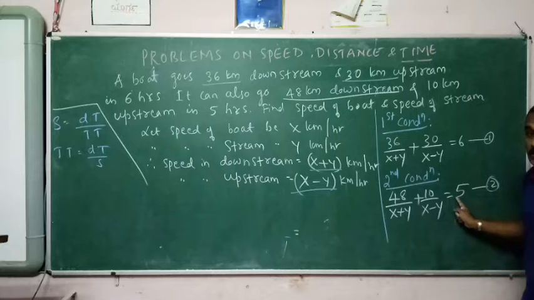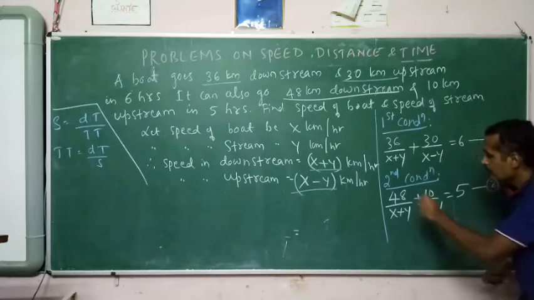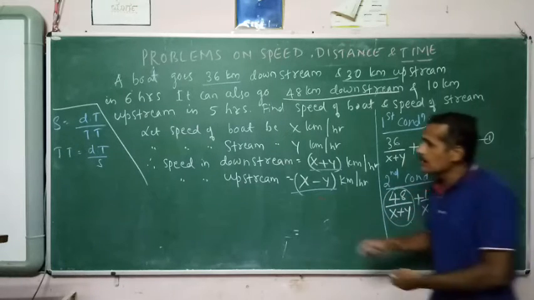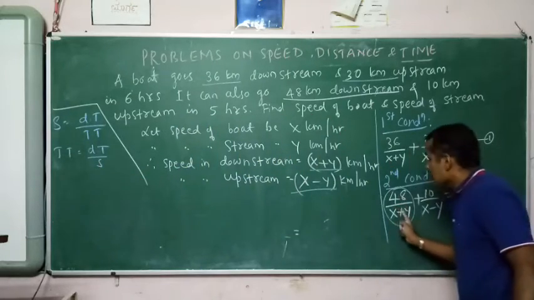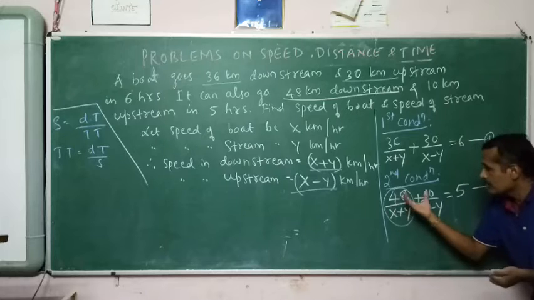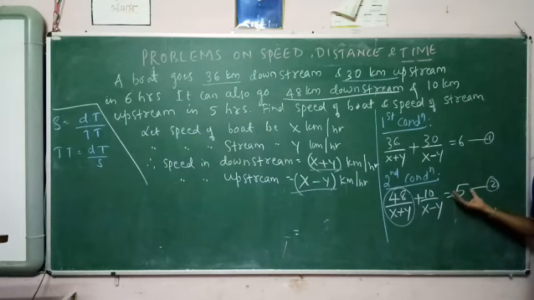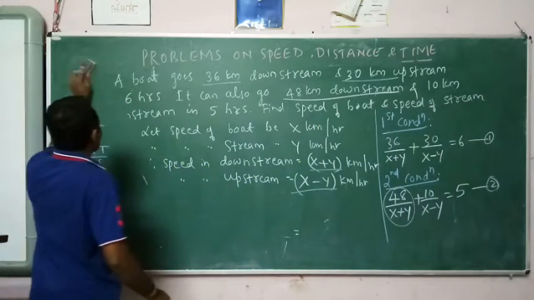Many of you might have understood why it is equal to 5. Those who have not understood, I will tell them. This division gives you time. This is the time for the downstream. This is the time for the upstream. Together it takes 5 hours. I got the 2 equations.